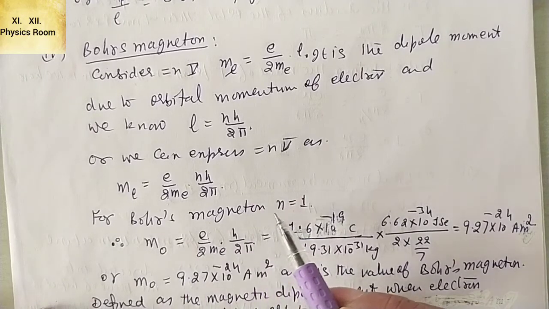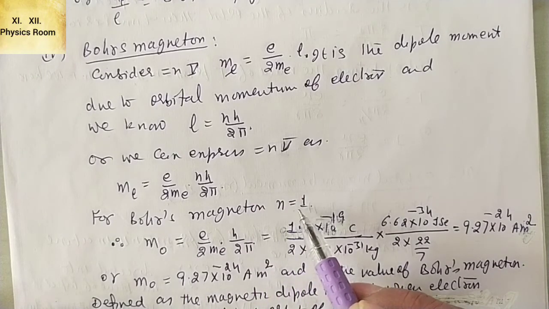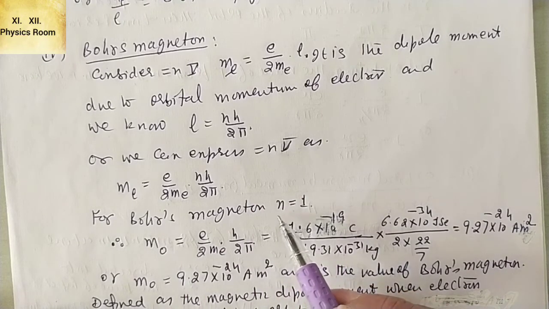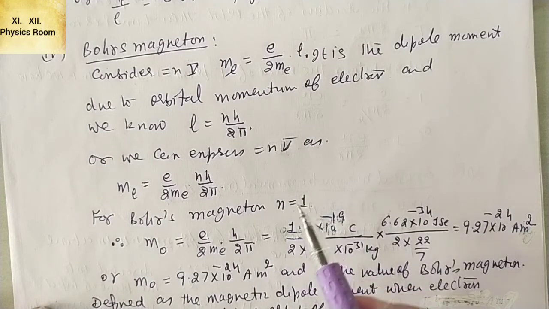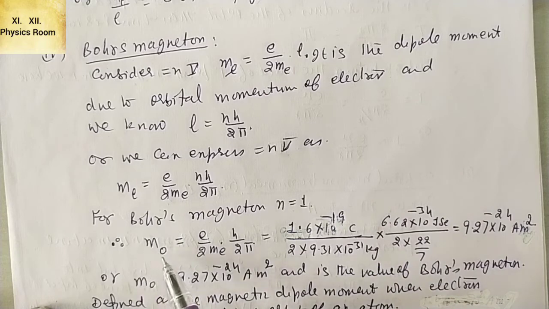For Bohr's magneton, n is equal to 1, because Bohr's magneton is the magnetic dipole moment of an electron of a hydrogen atom in the first orbit. So for the first orbit, we take n equal to 1. We write the magnetic dipole moment due to orbital momentum, mu O, is equal to e by 2 me into h by 2 pi.